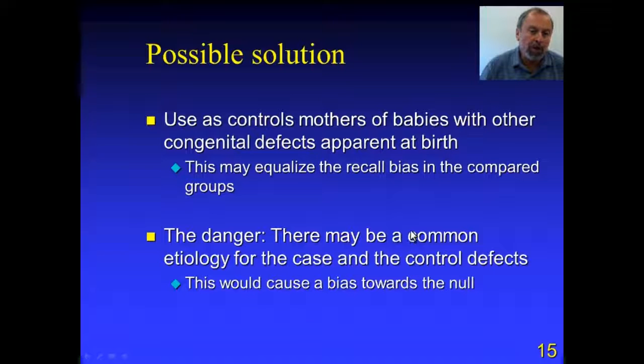The solution is to use a wide selection of other birth defects as the controls, and this is likely to reduce the possibility that there's a common etiology, based on the reasoning that it's unlikely that most birth defects would have a common etiology.